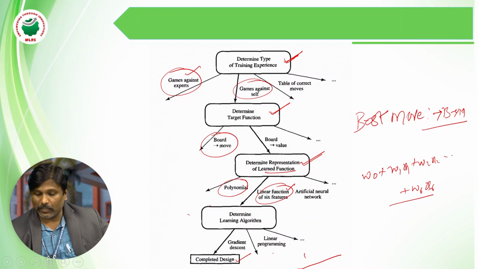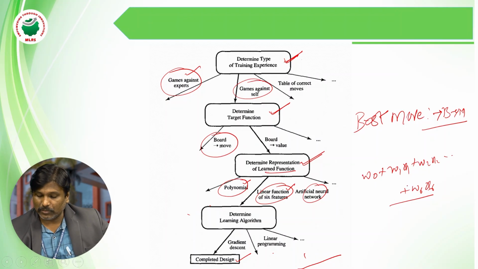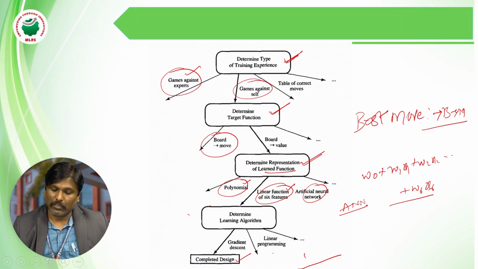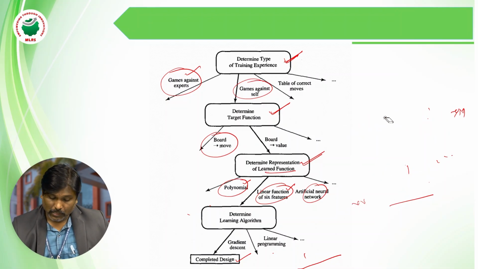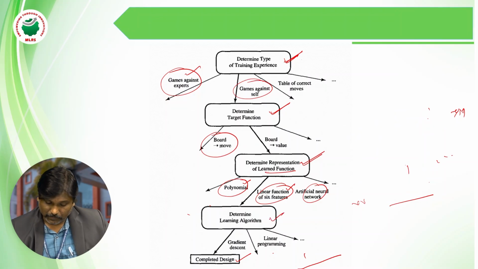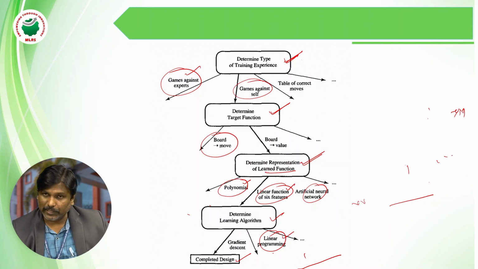We can also consider polynomial values, and this representation can also be done by ANN, artificial neural networks. To determine the learning algorithm, we can consider linear programming. Based on the algorithm chosen, the approach changes. And finally, the completed design.